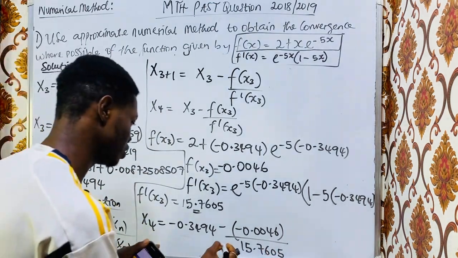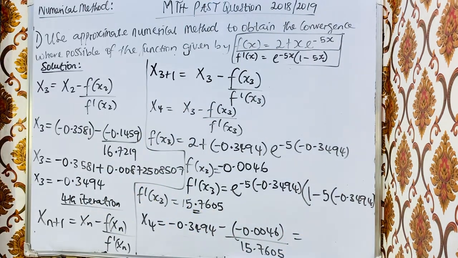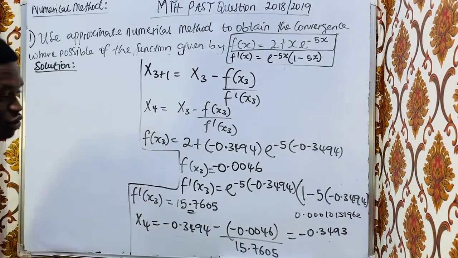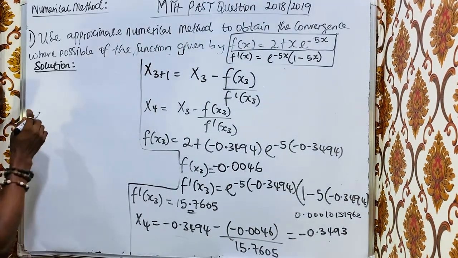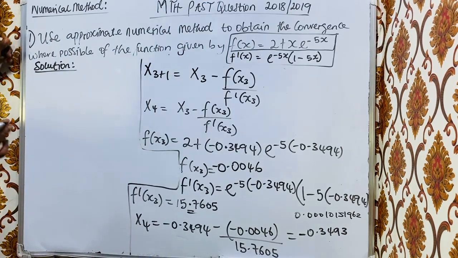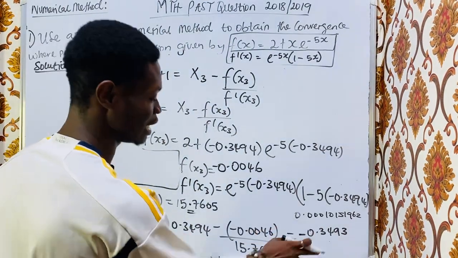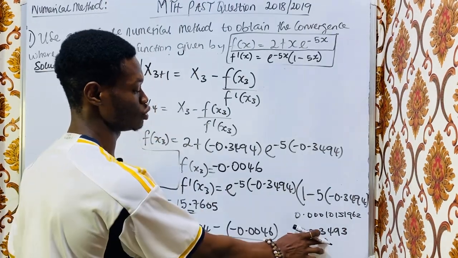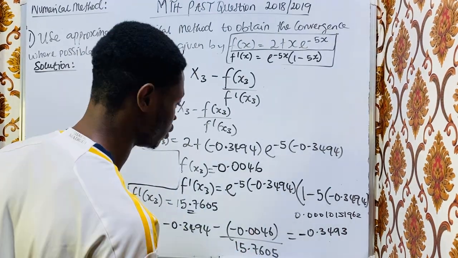So when you press it well, you are going to get what? Let me press it. So this is our x4: negative 0.3493. So we have gotten x3, and if you look closely, x3 and x4 have the same values, at least to 2 decimal places, so they will converge there.